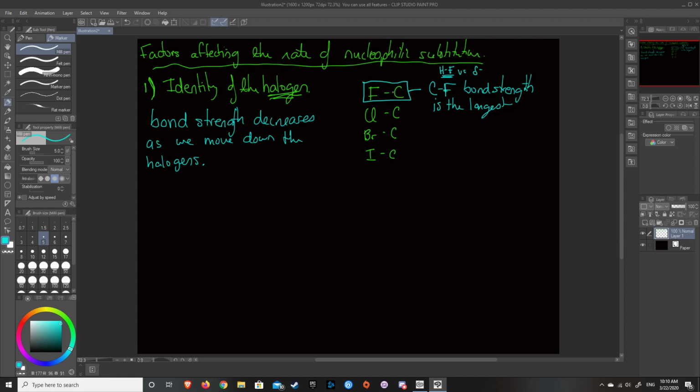Carbon-fluorine is the strongest bond, carbon-chlorine is second, carbon-bromine is third, carbon-iodine is fourth, which means that iodine is a better leaving group. It's got a weaker bond between iodine and carbon, so it can leave. So for our leaving group, iodine is better than bromine, is better than chlorine, is better than fluorine. This is what we need to know, and of course what we need to memorize in this case.